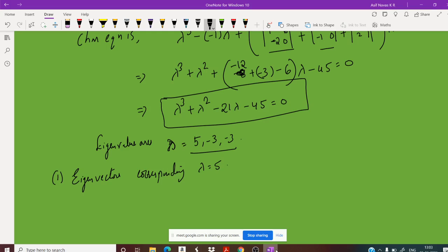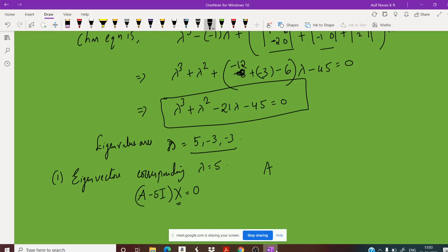What is an eigenvector? An eigenvector is the solution of the equation (A minus 5I) times x equal to 0, right? A non-zero x such that (A minus 5I)x equals 0.